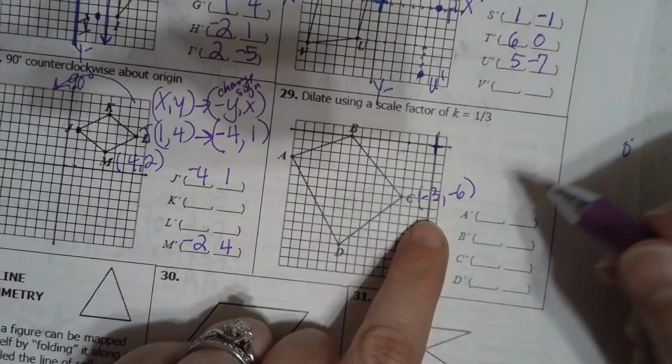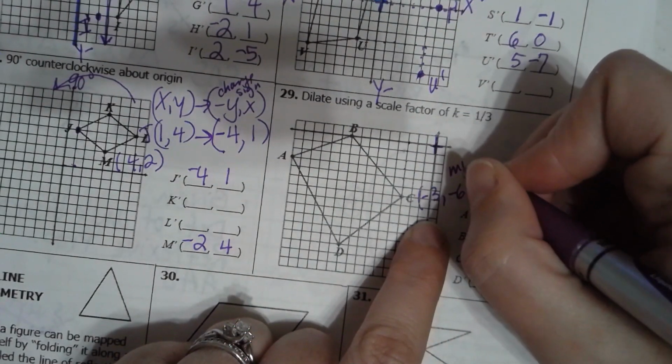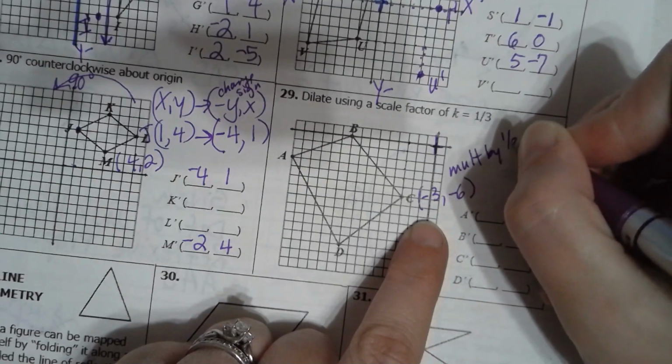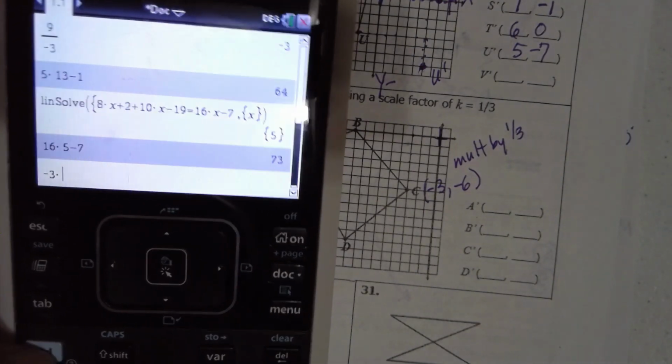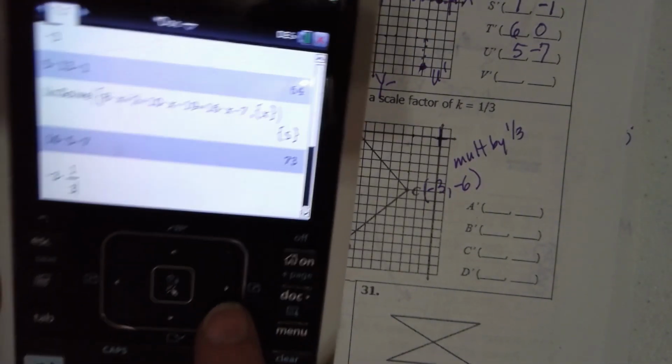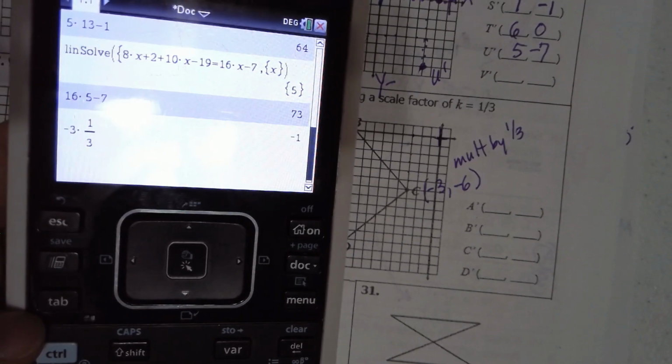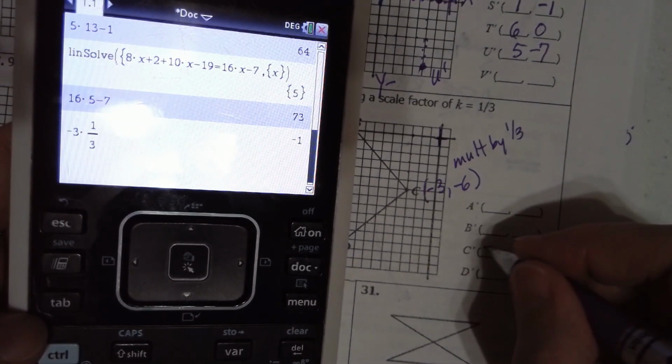So we're going to multiply those by 1/3. Negative 3 times 1/3 makes negative 1.